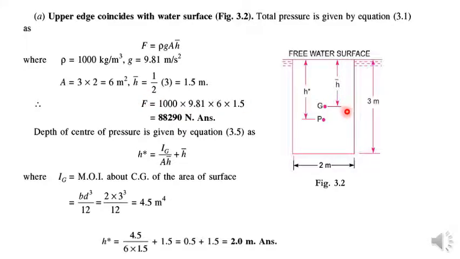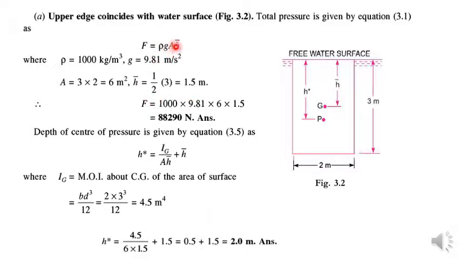Then secondly, h bar can easily be calculated because for this rectangular plane, the center of gravity is just at the center of this vertical plane surface. So it will be at h by 2, 3 by 2. H bar represents the center of gravity of this surface, so it will be 1.5 meter.